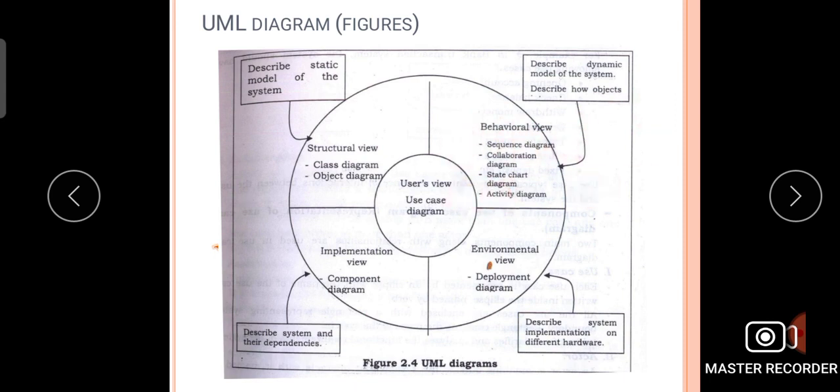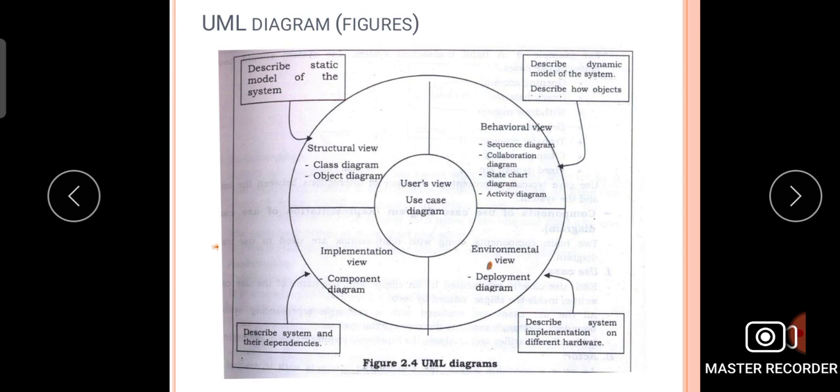In the environmental view, the deployment diagram, and in the implementation view, the component diagram. And the user's view is covered by the use case diagram. So totally 5 views and 9 diagrams are contained in UML, which means Unified Modeling Language.